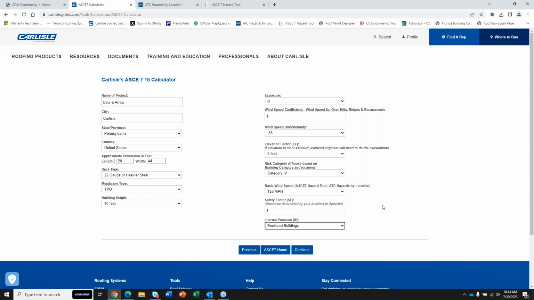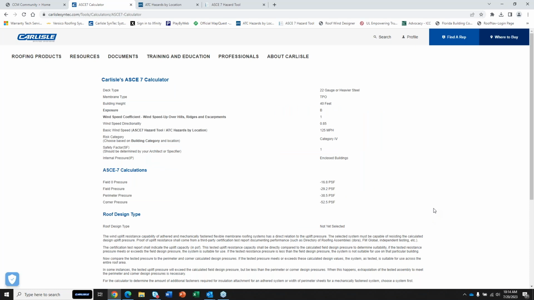So that number isn't decided by us as manufacturer or salesman. This is decided by the design professional. So if the design professional says he wants a safety factor, he needs to give it to us. If he gives none, I would not put any in. And then continue, and there we have our results.